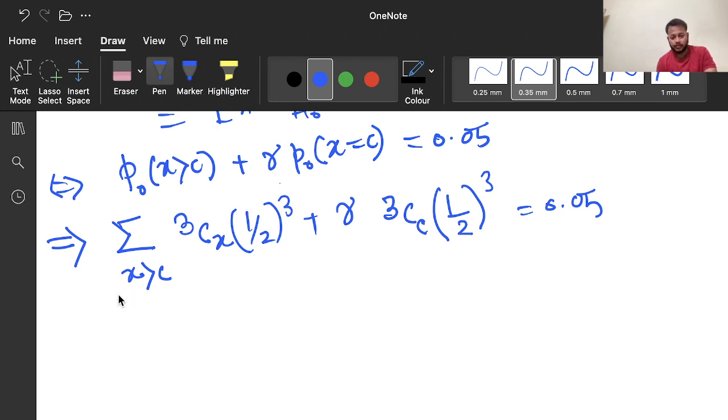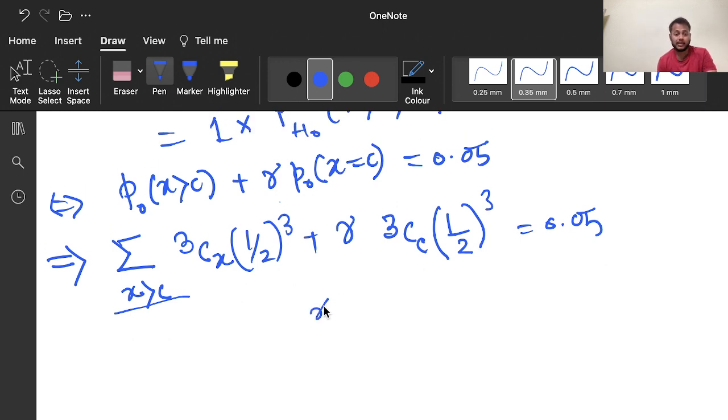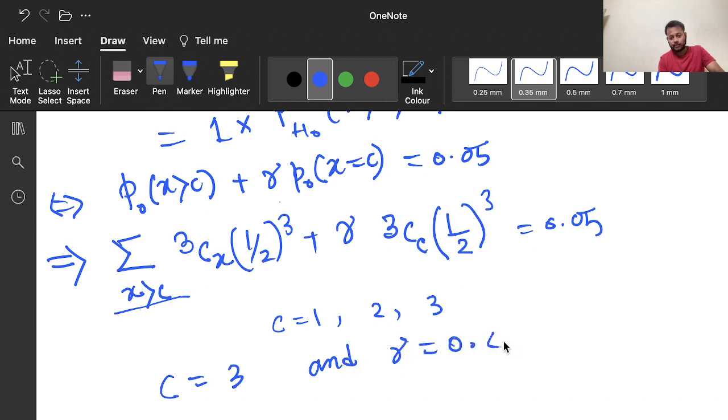Now, since c should be an integer, if we put c equal to 1, 2 and 3, you will see that this equation will be satisfied with c equal to 3 and gamma equal to 0.4.